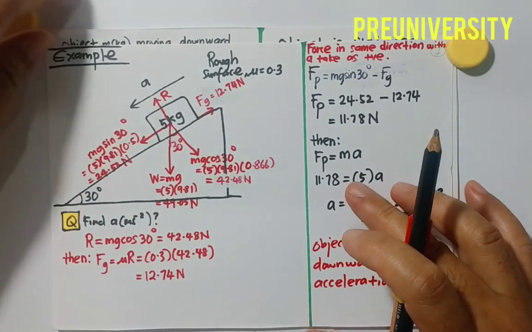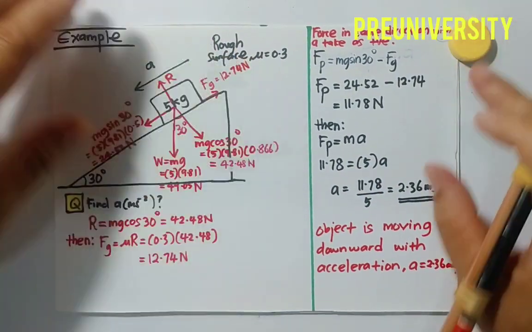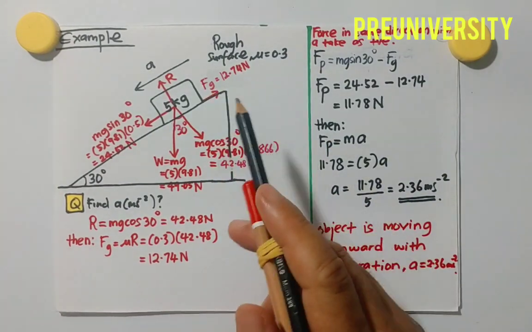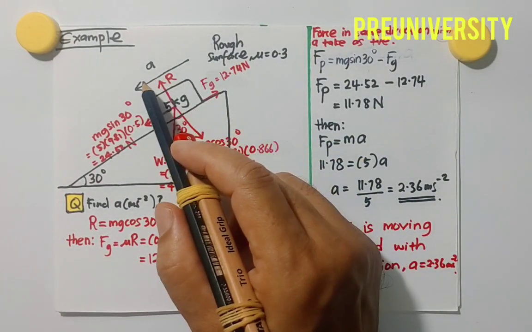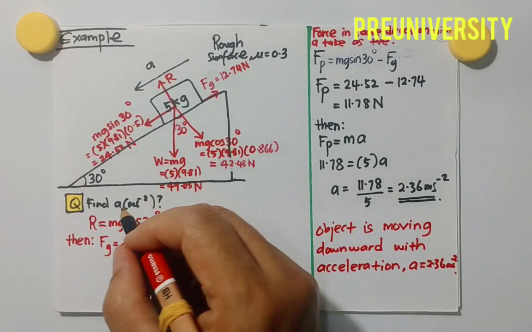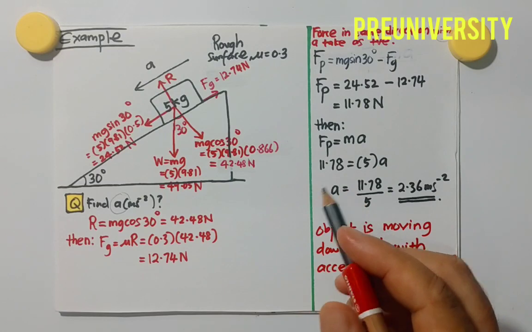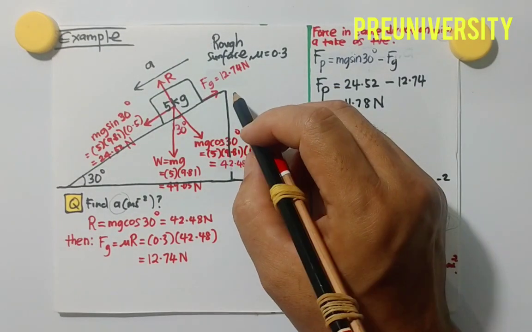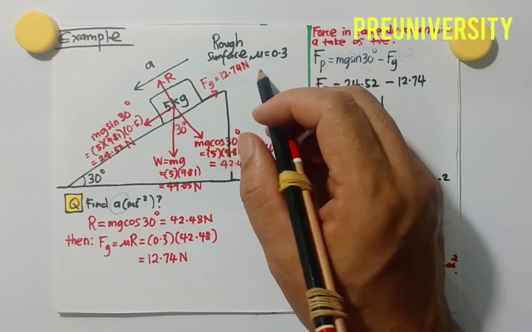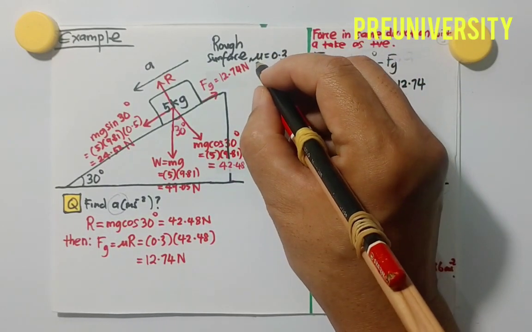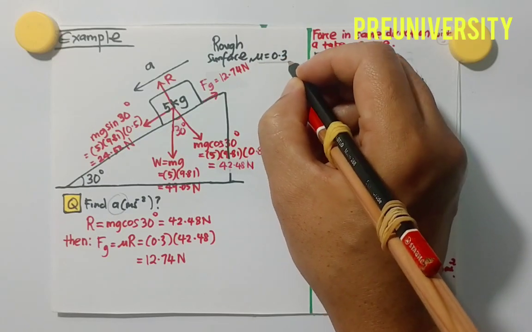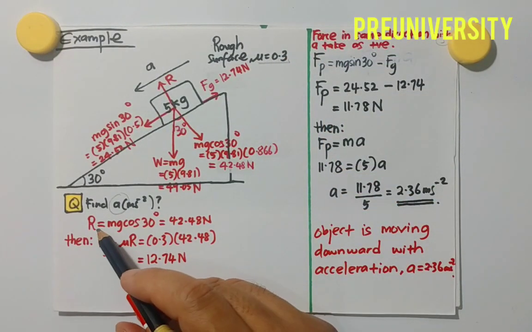In this case, we have the object here, and the object is moving downward with the acceleration a, and they ask you to find the a. Because the plane is a rough surface with the coefficient of friction 0.3, then we have the R here.